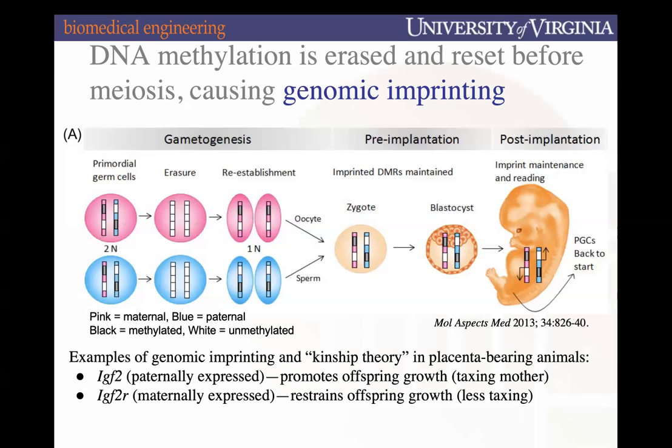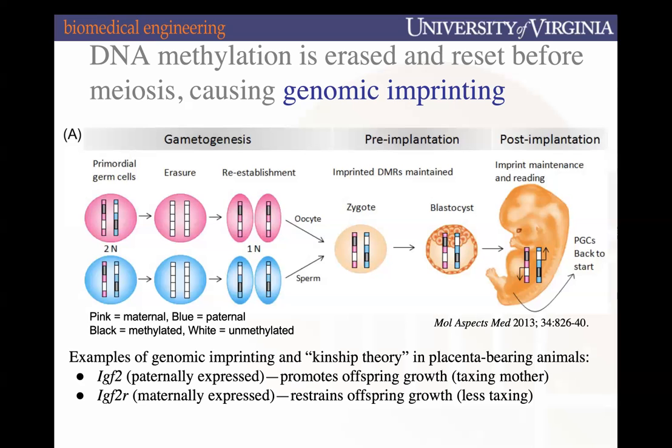IGF-2 is associated with protein synthesis, with protein anabolism, and so it's associated with growth. As it's paternally expressed, it is meant to promote offspring growth, so that it's a bigger, stronger progeny.